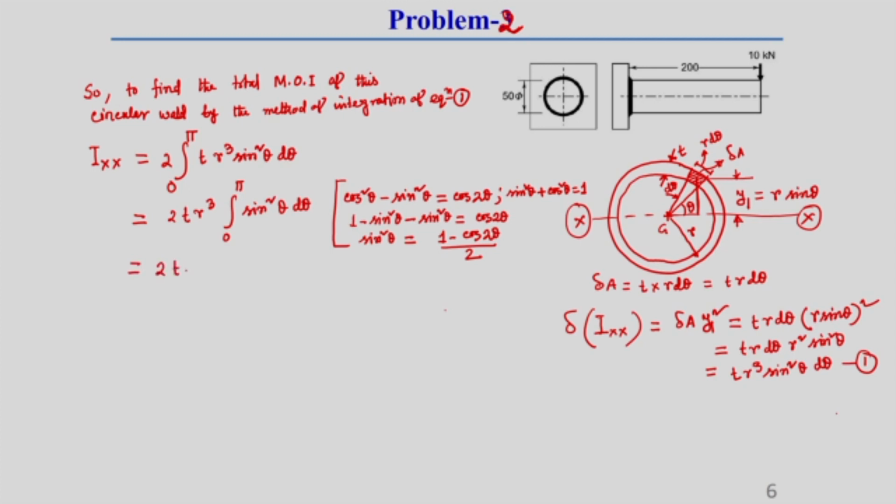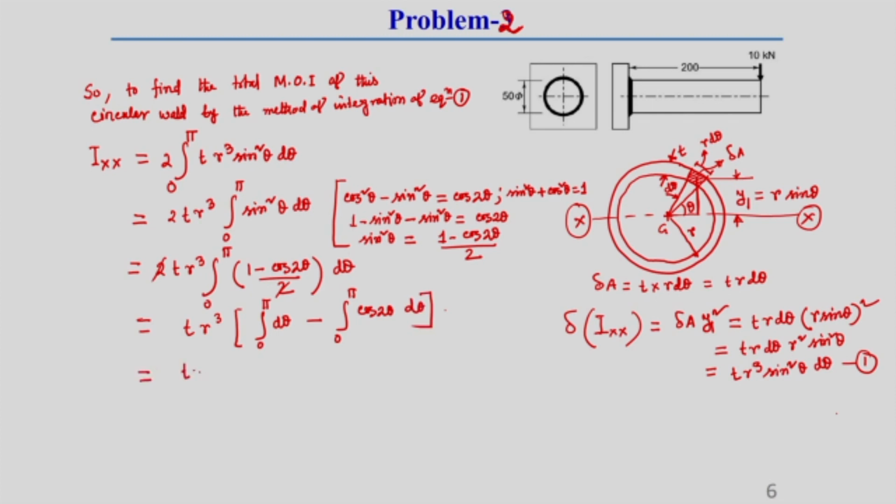So, 2 T r cube integration of 0 to pi, instead of sin square theta, I am putting 1 minus cos 2 theta divided by 2 d theta. So, this 2 will be cancelled out. So, here we are getting T r cube. If we do this integration, integration of 0 to pi d theta minus integration of 0 to pi cos 2 theta d theta.